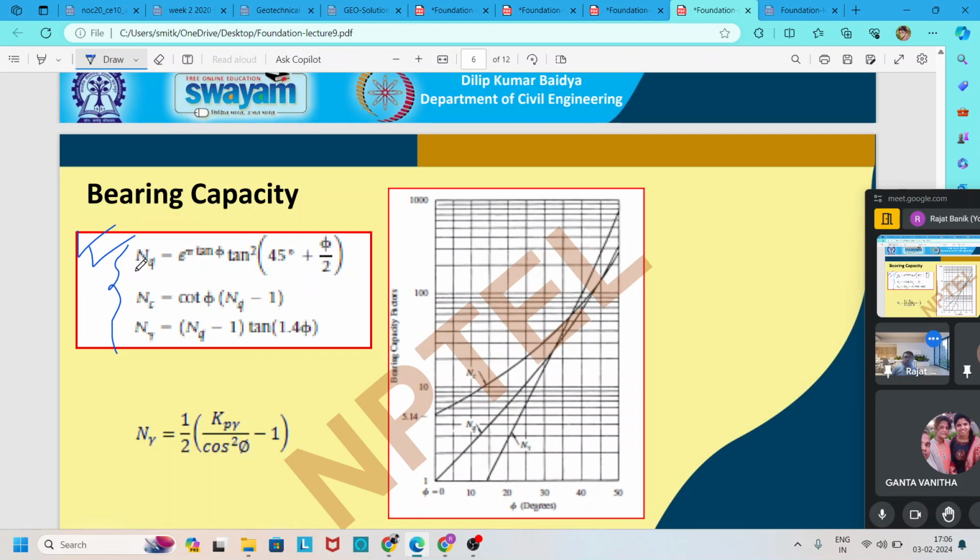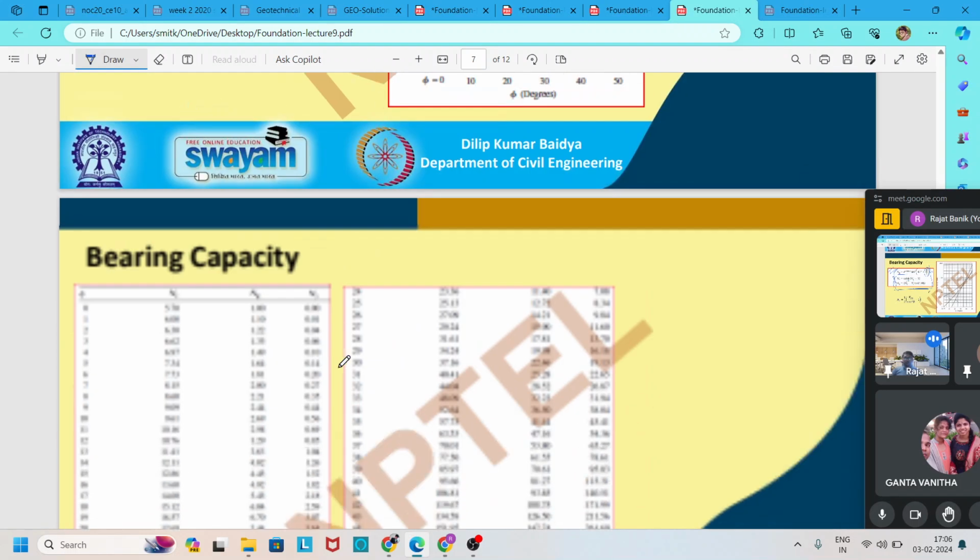So if you find out Nq first, then it is easy to find out Nc and N gamma, because in both these equations we use Nq, and for finding out Nq we need to know the phi value. So this formula depends on the angle of internal resistance phi of the soil. So we can easily find this.